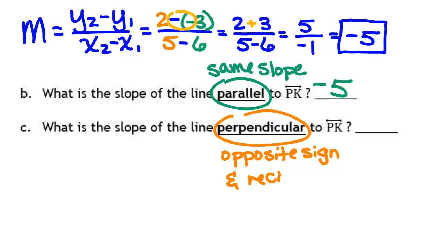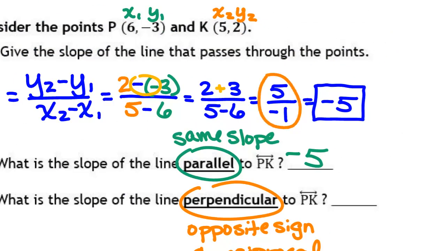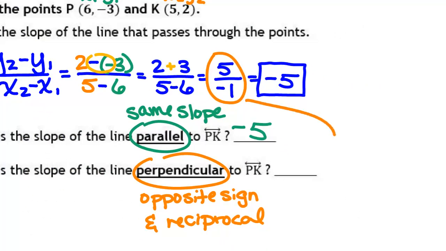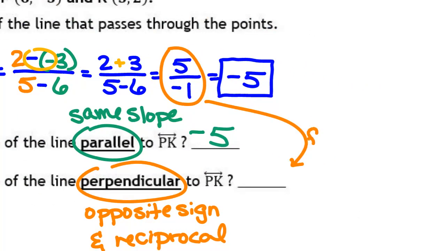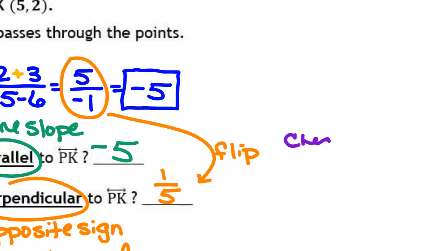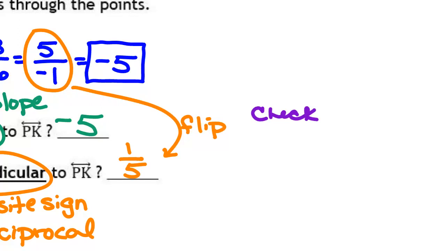And reciprocal. So when I flip this over, because I want it in fraction form, we have 1 over 5. And then we can check to make sure that we did that correctly, because these should multiply to negative 1.